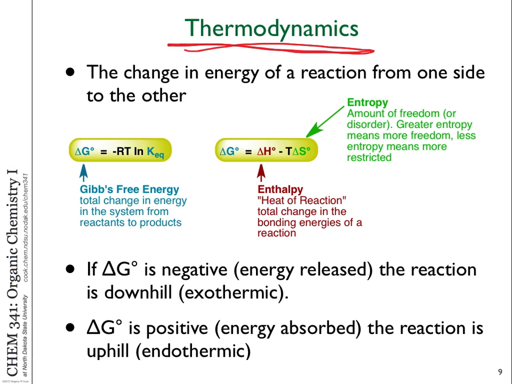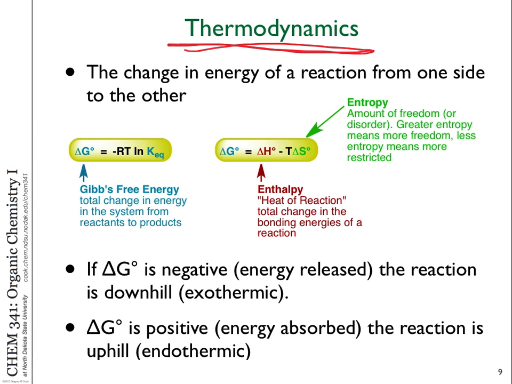Thermodynamics is looking at the overall change in energy in a reaction from one side to the other. And we've talked a lot about thermodynamics, but not really explicitly like this. We talked about acid-base chemistry, equilibrium. So is a reaction going to lie on one side of the equilibrium or the other side? And what is the ratio?